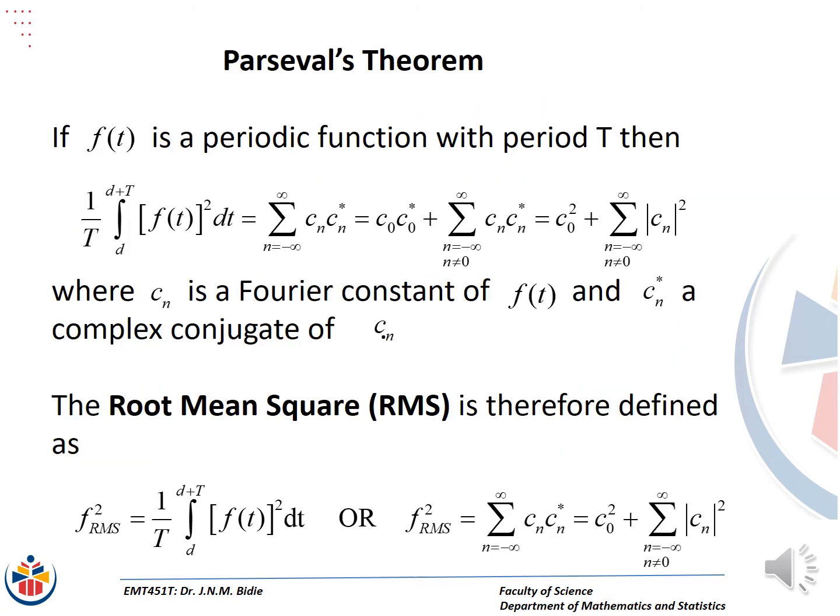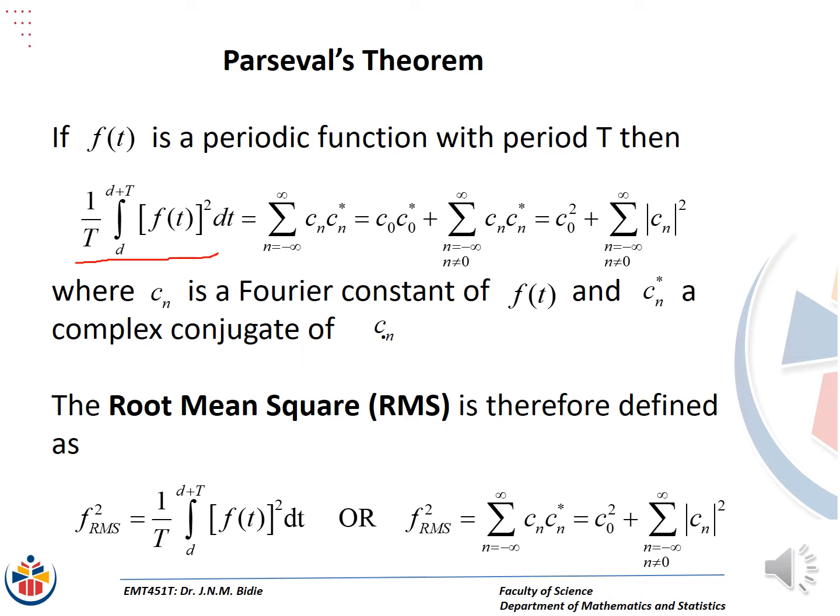Parseval's theorem works also the same way as the multiplication principle, but now there are not two functions but one. So on the left-hand side of the multiplication principle, we have f of t multiplying f of t. That is why we have f of t all squared.